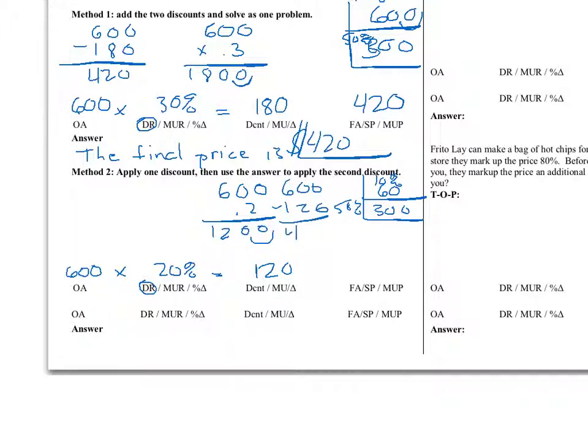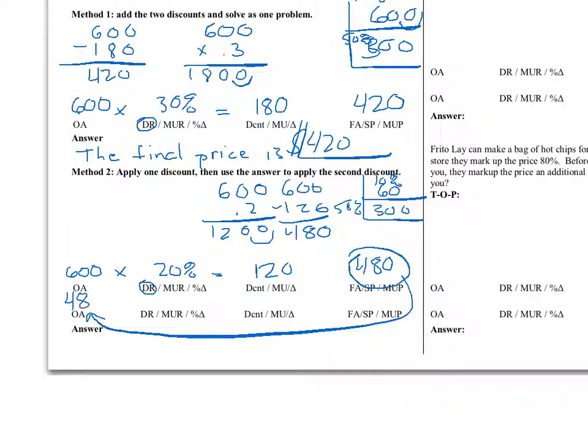It's going to give me 480. Now, in addition to this discount of 20%, I also have a discount of 10%. So I'm going to take that 10% off of this 480. Basically, I'm going to swing it all the way over here to my next original amount, because 480 would be the original amount if I didn't have that extra 10% off. 10% of 480 is actually one of our benchmarks, so that one's going to be really easy.